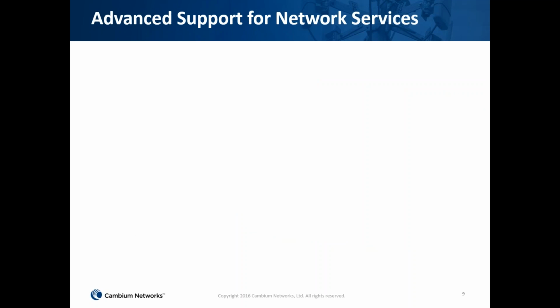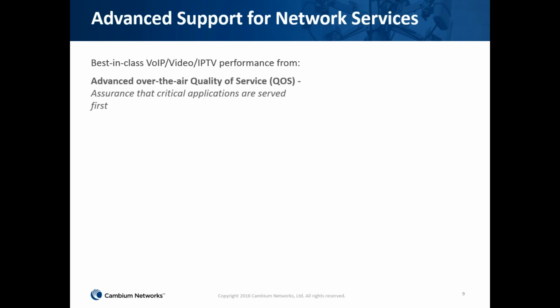So as well as just being able to provide a reliable connection, which also helps when you're trying to get people to pay for a service, this level of functionality that we have in ePMP for supporting what we call advanced services, or advanced support for network services, as I've written it here, also helps. We're talking about applications such as voice over IP, video, IPTV, and there's more I'll get to in a moment.